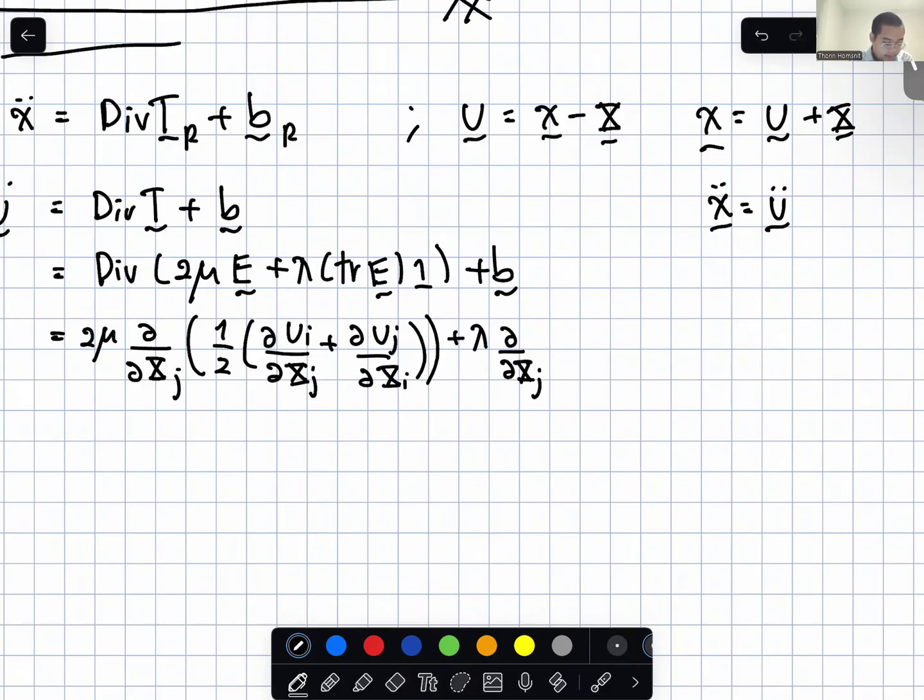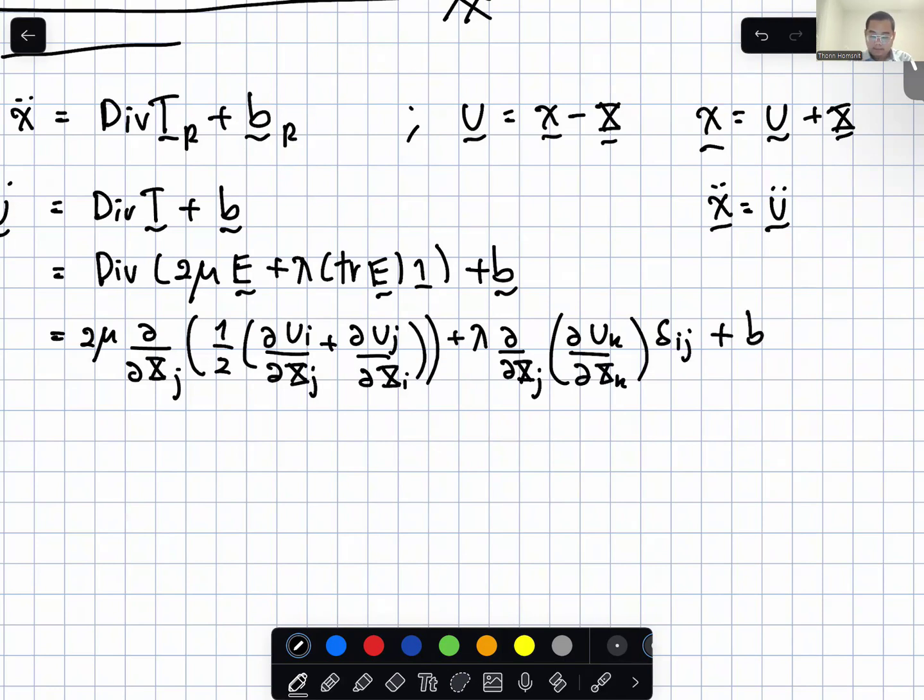And it is the trace of E. The trace of E is the partial derivative of uk with respect to xk, times delta ij, plus b.